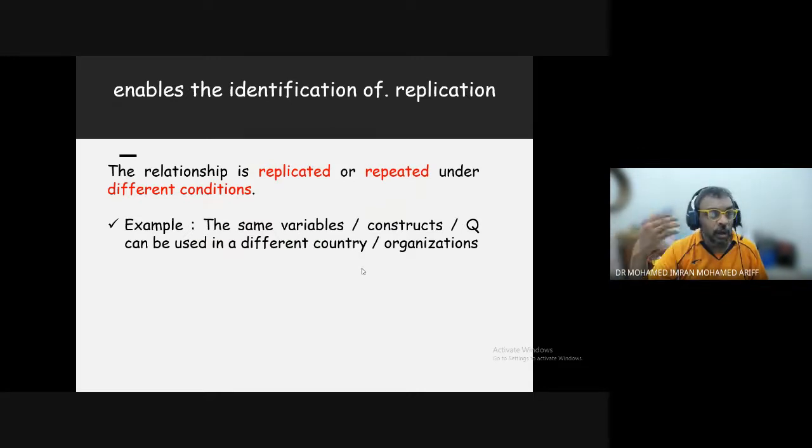Can you say all PFI companies will come through this situation? Can you say all SME companies in Malaysia will do this? Can you replicate it? That means you try it. If it works here, that means all companies can do it too. So this is what replication means.